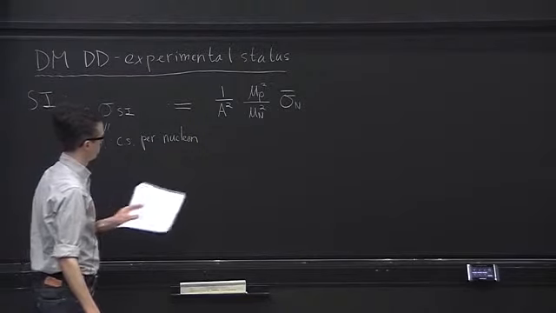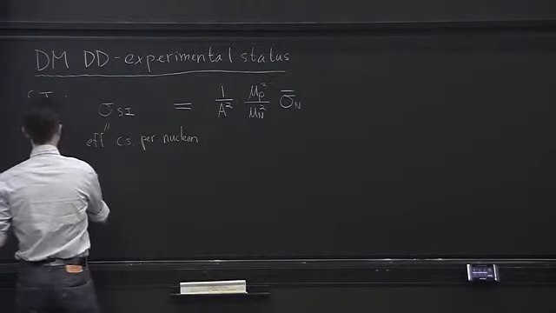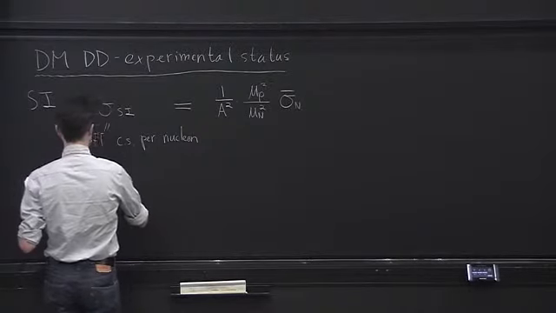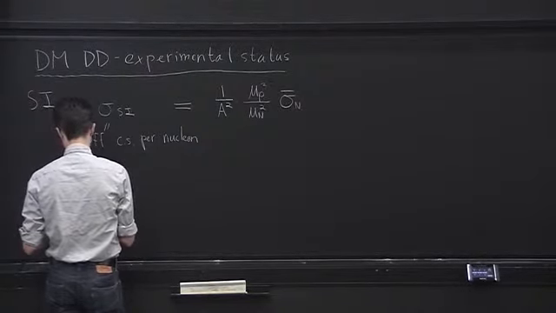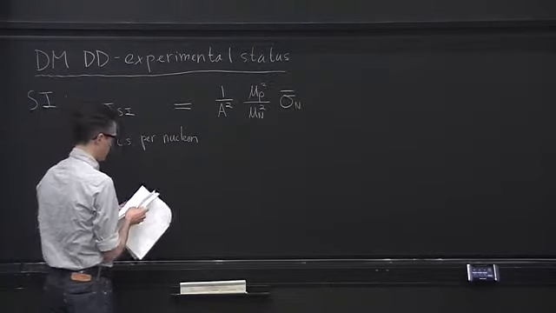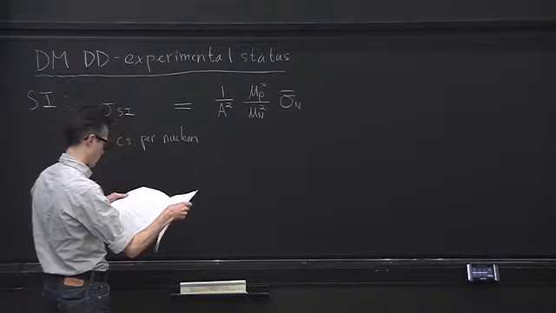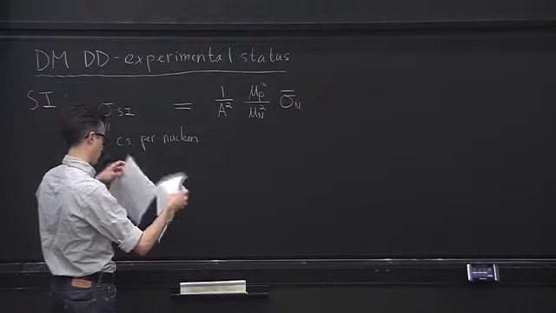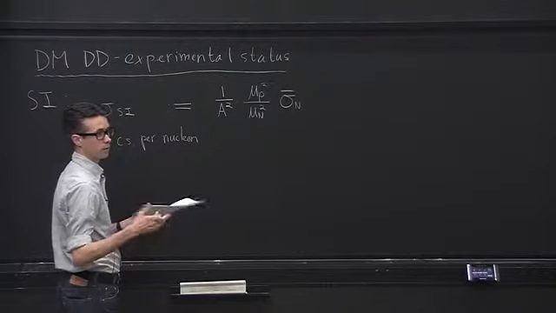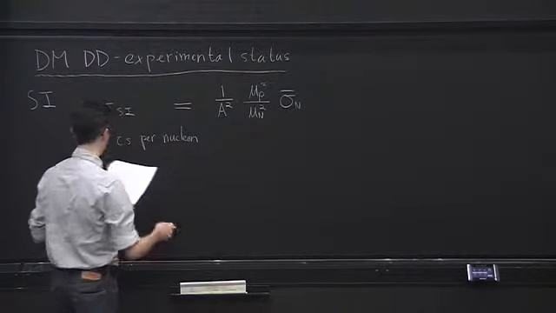cross-section here. So remember that for spin independent, sigma bar n was given by, let me just flip back. So for spin independent scattering, recall that in general we had a d sigma d q squared that depended on q squared.